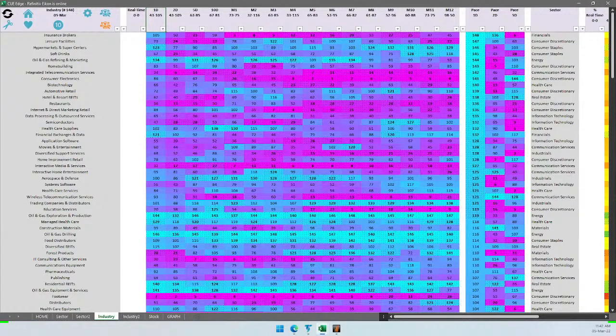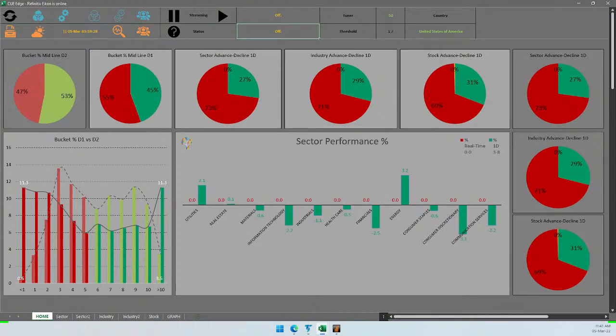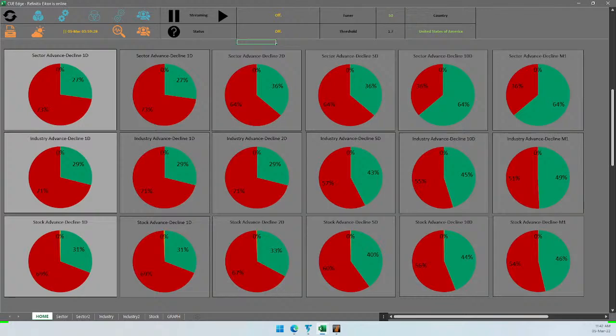Now, coming back, the Q edge overall is telling that it had been weak for a while. The best shorting time might have passed, and it may be okay to look for buy setups. Now let's see the technical breadth.